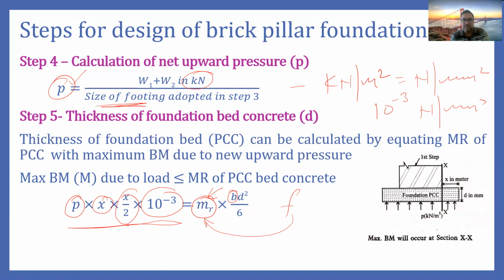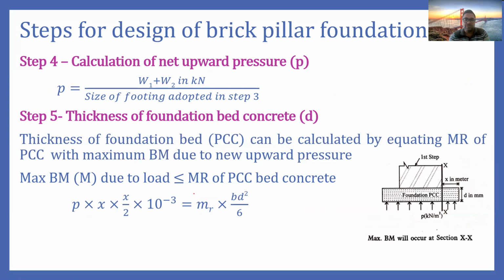So that becomes our maximum bending moment, equivalent to the moment of resistance, modulus of rupture multiplied by section modulus. So equating this, we can have the relation of D. The relation of D calculated is under root 3 into 10 raised to power 3 into P into x square upon MR. In this case, x value will be in mm, MR value will be in Newton per mm square, and P value will be in kilonewton per meter square, because I have already taken the unit conversion.